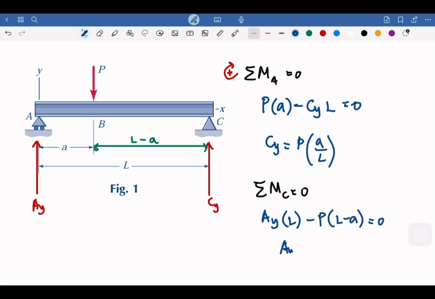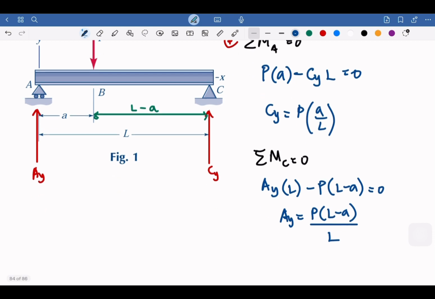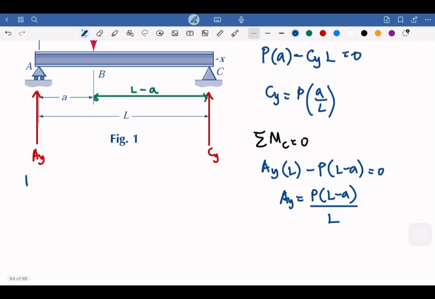So we get AY is P(L minus A) over L. So at least we have AY and then CY.